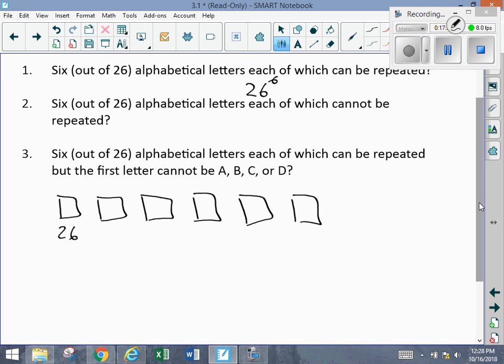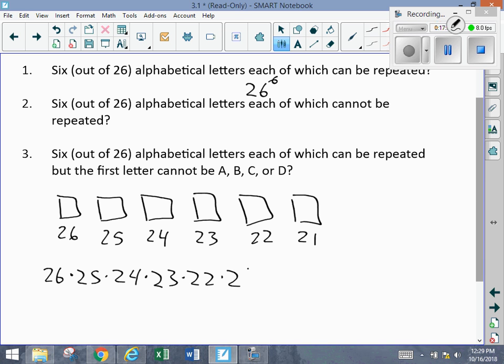But now I've chosen one, and I can't repeat it. So then this one has now one less option, right? Because one of the letters is used over here. This one, now I have 2 of the letters. So each time I go down, right, I have one less letter to choose from. So then how many are going to be in this one? It's going to be 26 times 25 times 24 times 23 times 22 times 21.